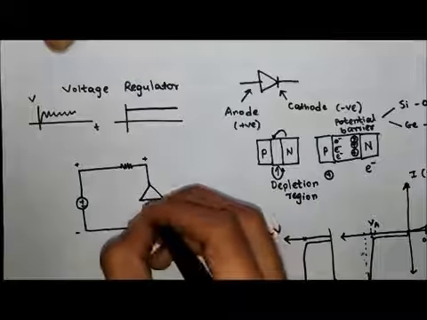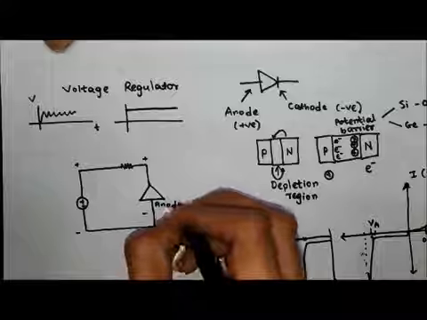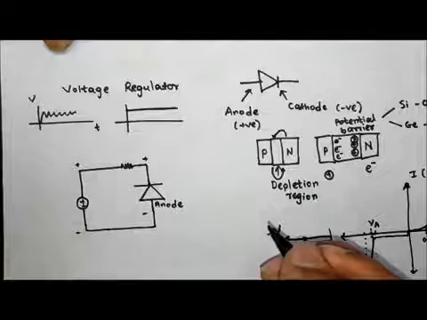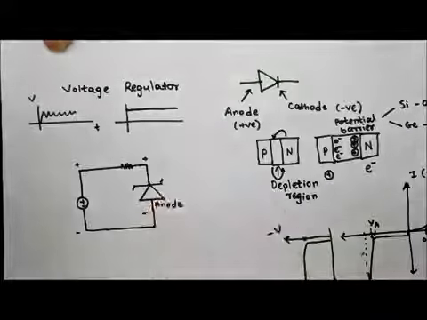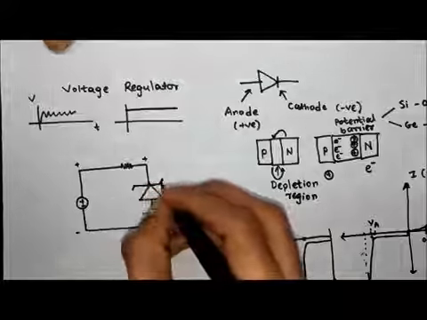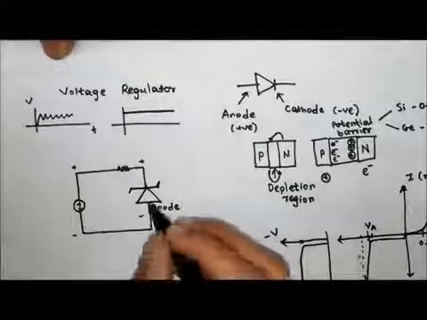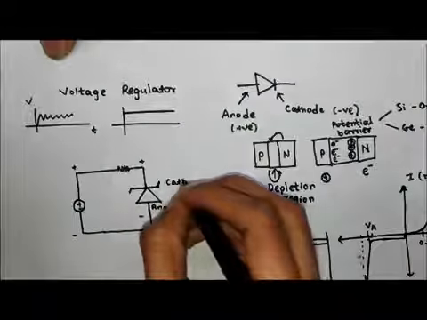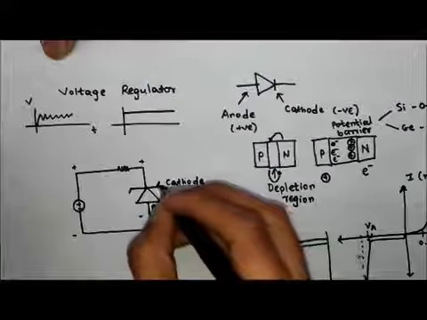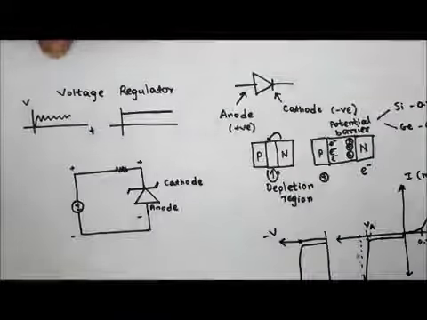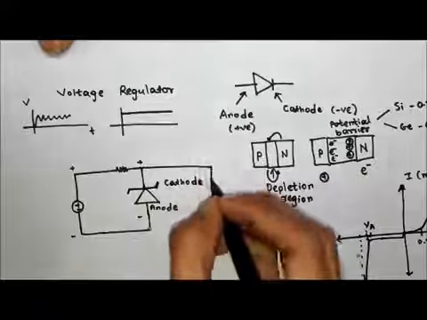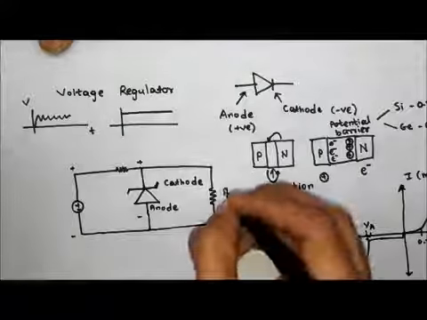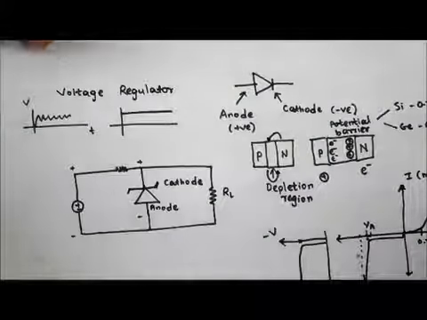So this is the anode, let me write it as anode, and this is the cathode. Now the representation of Zener diode is different. If it is a Zener diode, you need to mention this as well, because only then it can handle the reverse current. And this is the cathode. So the symbol is almost the same, the only difference is these two. Okay, and then in parallel I will connect a load resistor, RL. Clear with the circuit?